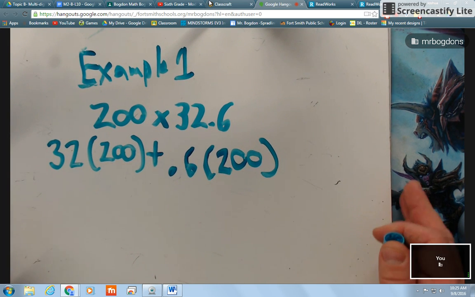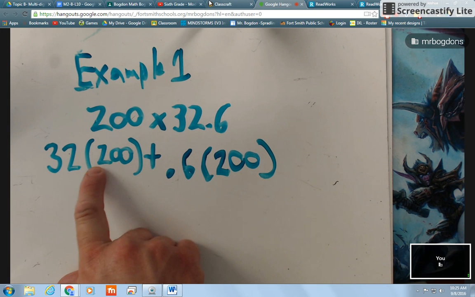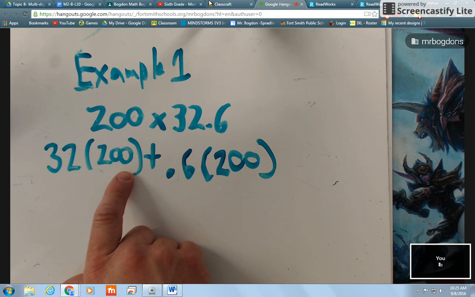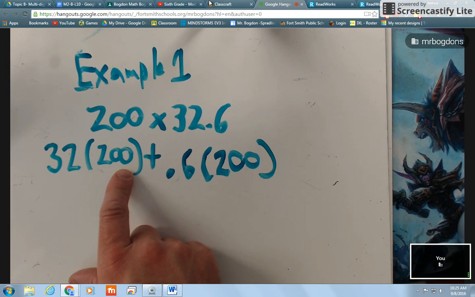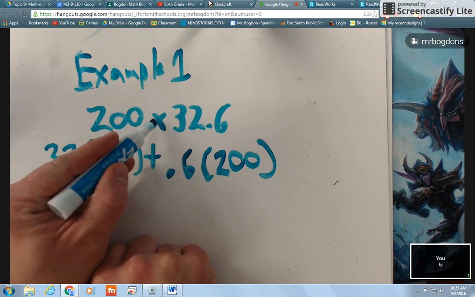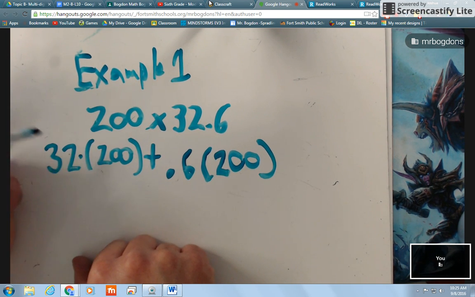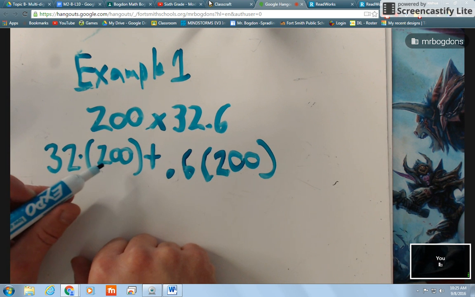Now, the reason why I'm using parentheses, is there any math operation between the 32 and the parentheses, 200? Now, remember, I always say that math people are lazy, right? We don't like writing things. That's because this is just another way of writing out multiplication. Because what operation was going on up here? Multiplication. So I still have multiplication. I know that 32 is being multiplied by 200.